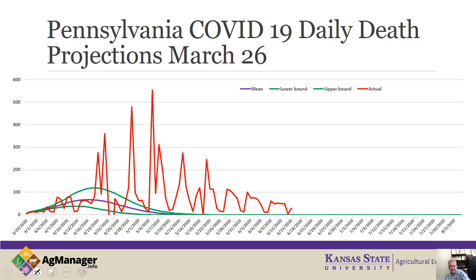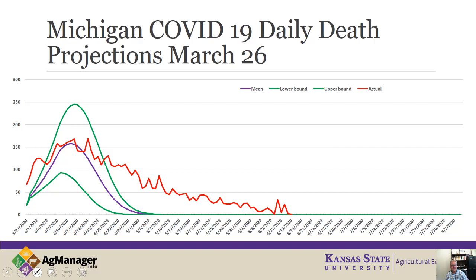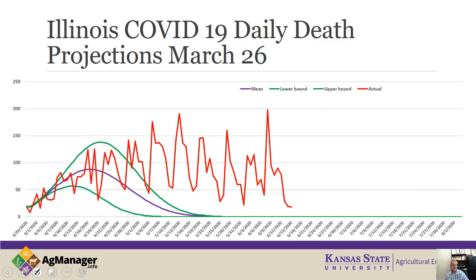Pennsylvania, again, looks like with some seasonality in there, there still are weekly periods there. It seems like there is that downward trend. Same for Ohio. Michigan had a fairly downward trend, although there were a few spikes here in the last week or so. Indiana continues its downward trend.